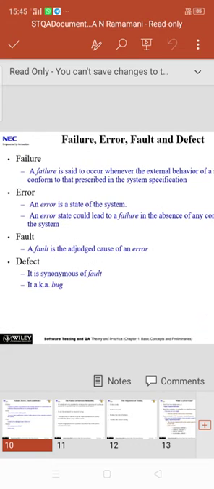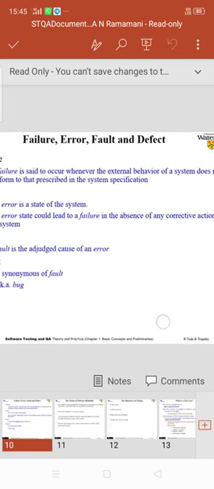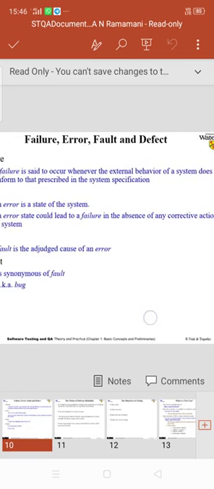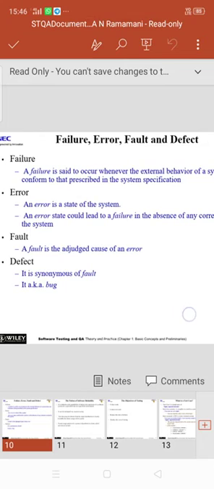Error. An error is a state of the system. An error state could lead to a failure in the absence of any corrective action by the system. For example, we observe that the railway track is non-compliant, it is the state of error. If we are not correcting the railway track line, what happens?